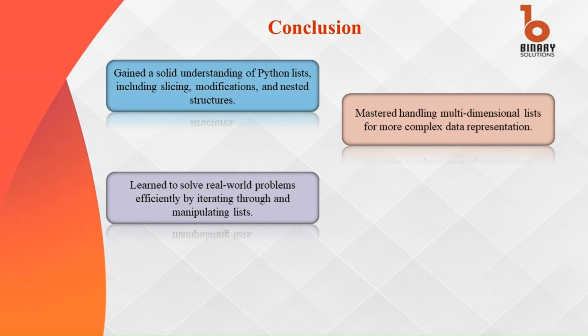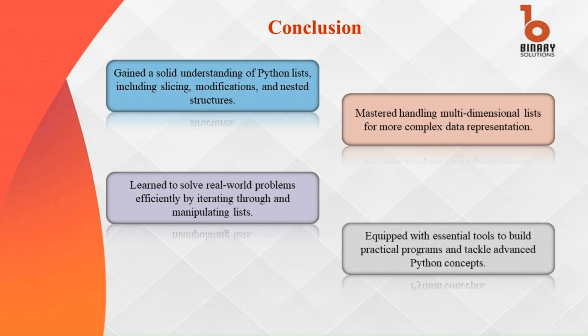By learning how to slice lists, modify them, and iterate through nested structures, you've equipped yourself with tools that are both powerful and practical. Keep experimenting with these techniques, challenging yourself with new problems, and building on this knowledge as you explore more advanced Python concepts.